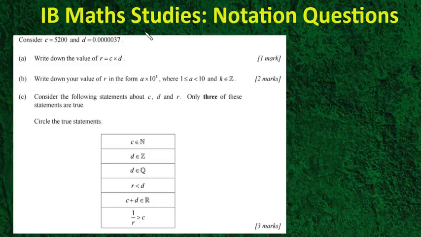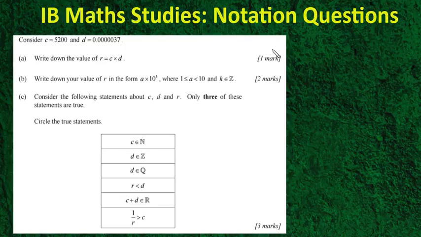Okay, so consider the numbers 5200 and 0.5037. We want to write down the value of R if it equals C times D. So all this really means is I'm going to be putting this into my calculator.